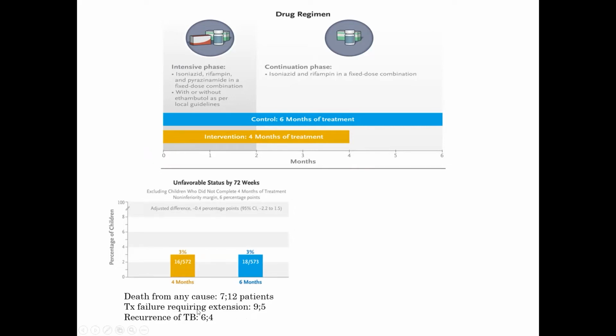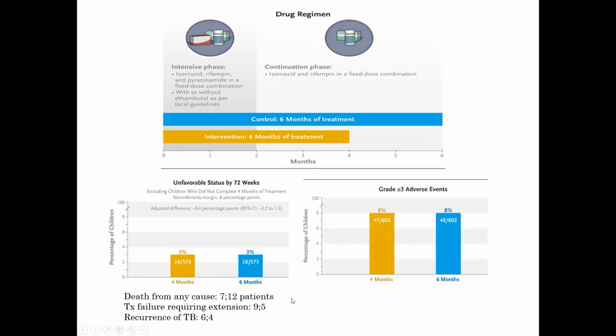TB failure, treatment failure needing extension, they had 9 patients in the 4-month group and 5 patients in the 6-month group. And recurrence of TB, you can see here, also low numbers. They also looked at adverse events of grade 3 or more, and the most common were pneumonia or liver, and they had exactly the same numbers at 8% for both groups out of a total of 1,200 patients.